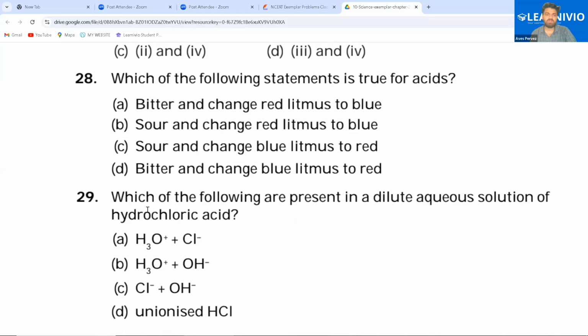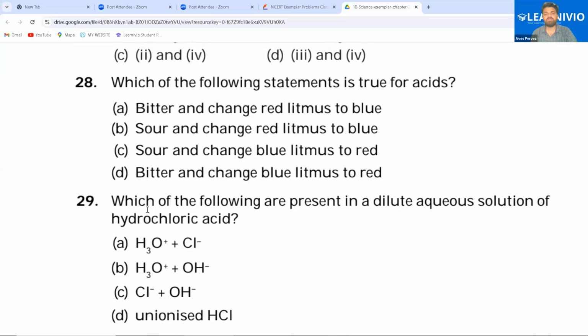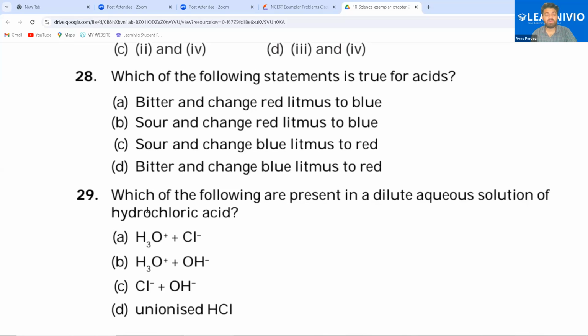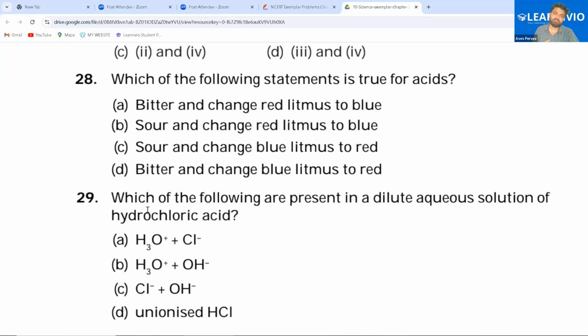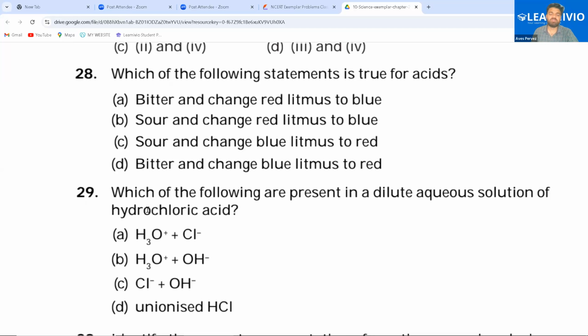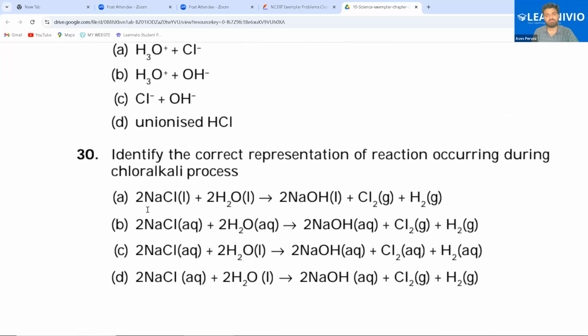No, acids are not bitter, they are sour in taste. Bitter ones are bases. So C is the correct option.